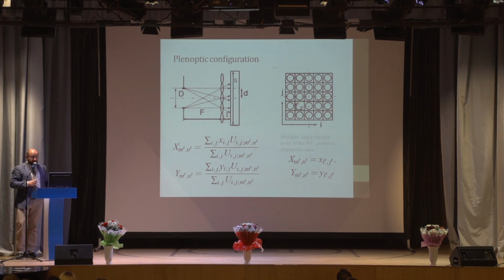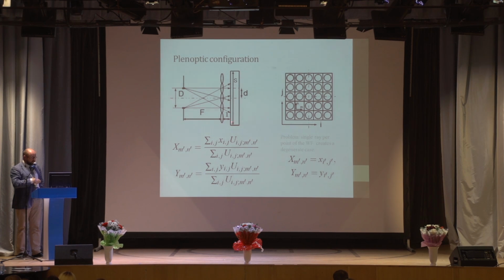Basically, we have exactly the same situation as in a normal Hartmann-Shack sensor, but we do not have microlenses in the pupil. The problem is that if we have a single wavefront, then we have only one ray coming through each point in the pupil, which means that each microlens will build just one point image instead of the pupil image.